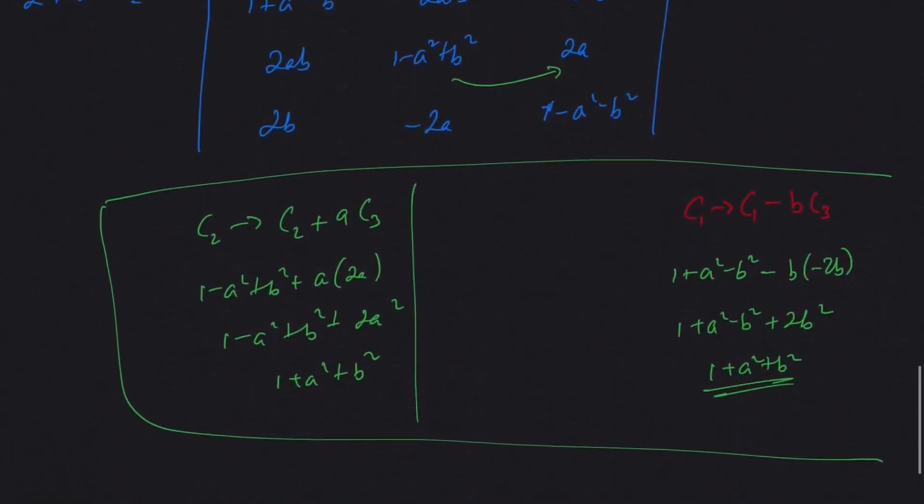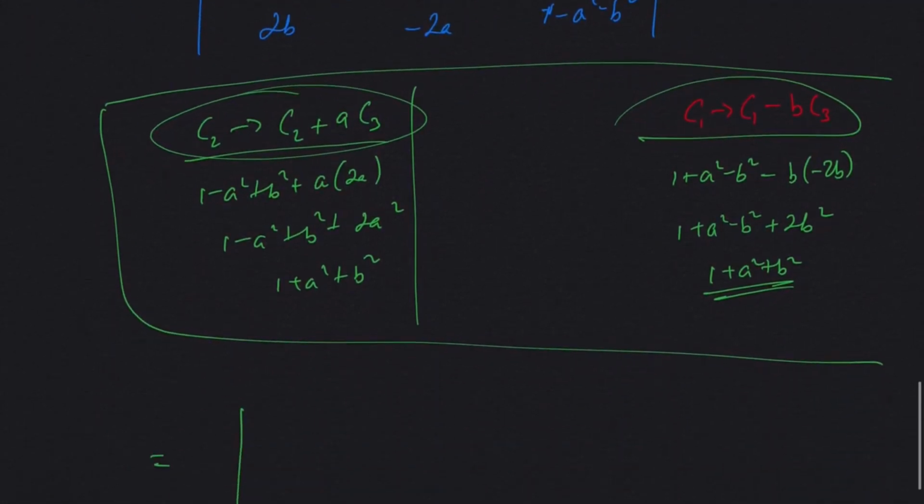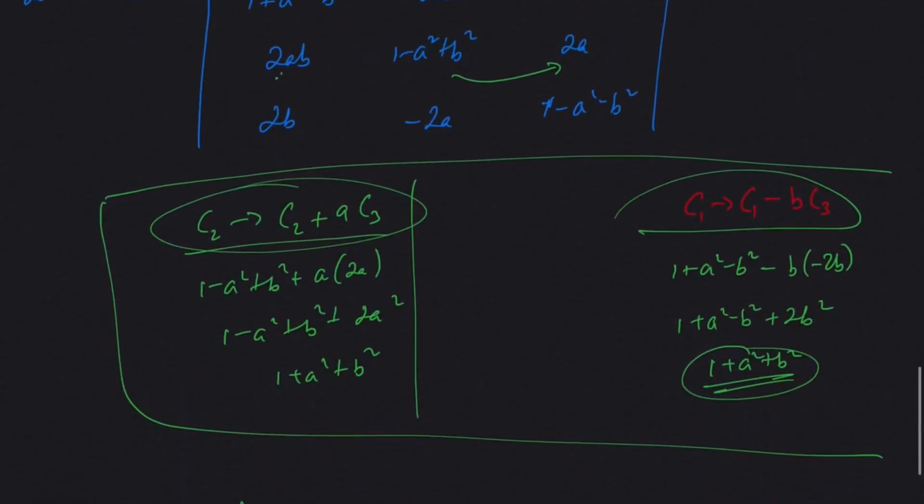Now these are wrong. So applying these two operations, what will we have in column 1? Column 1, the first term I've already calculated, this one, 1 plus a square plus b square. What about the other terms? 2ab.